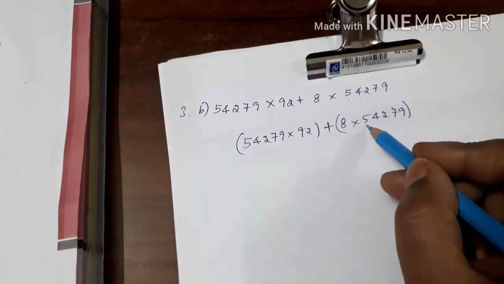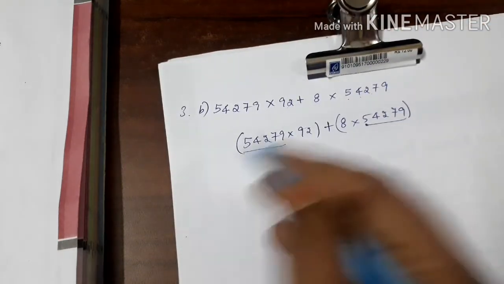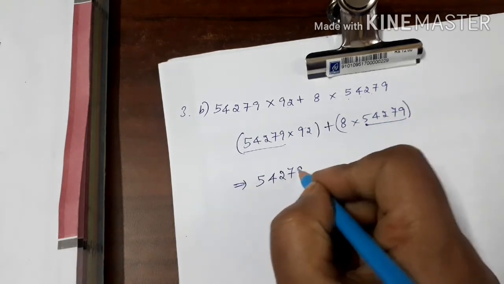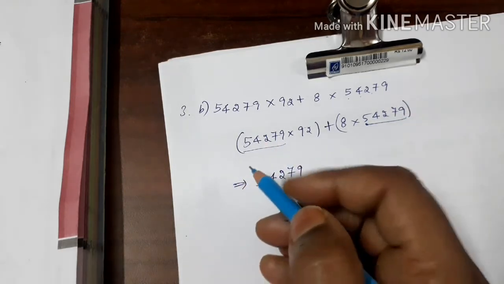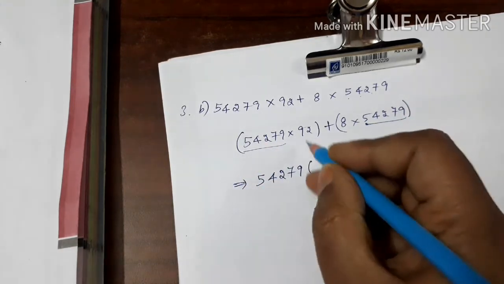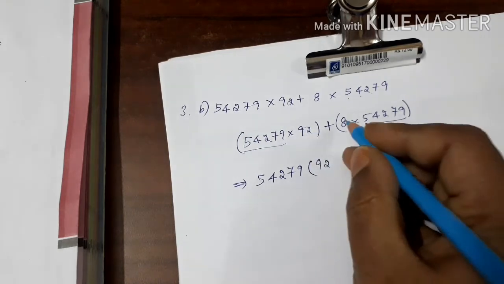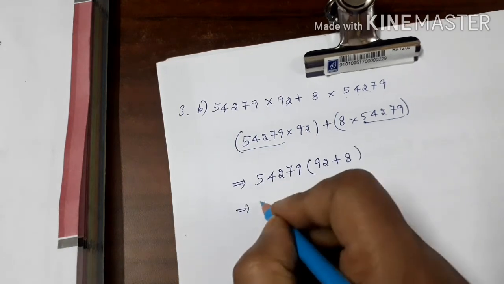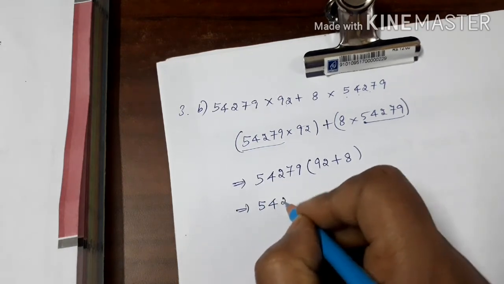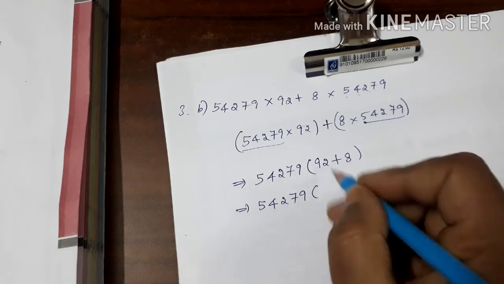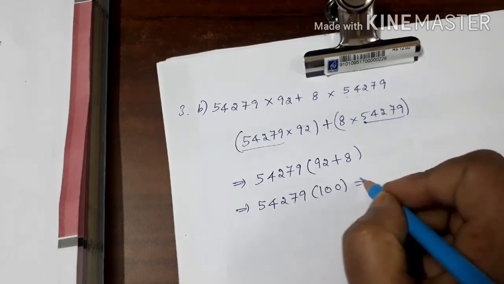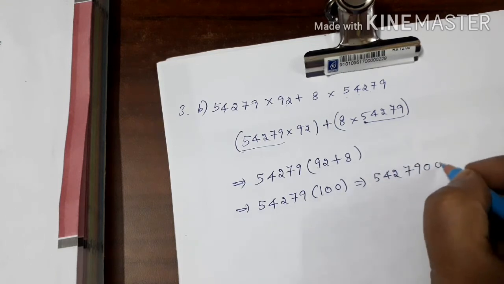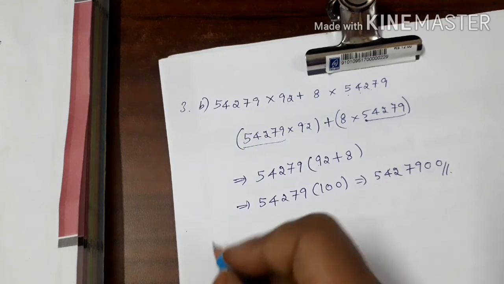In both we have the common term 54279, so we are taking it out. The remaining terms are 92 and 8. 54279 into 92 plus 8, 100. So when we multiply, we get 5427900. That's all.